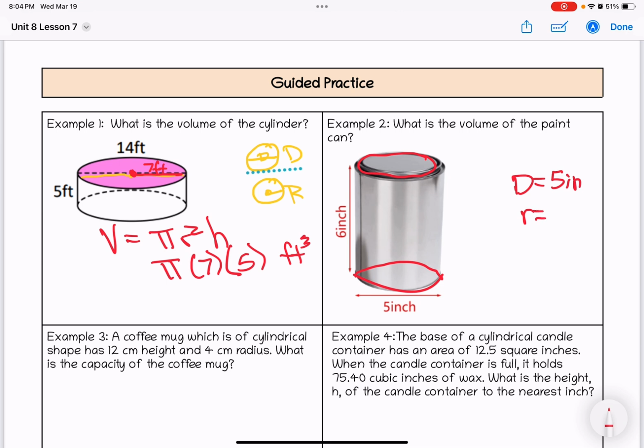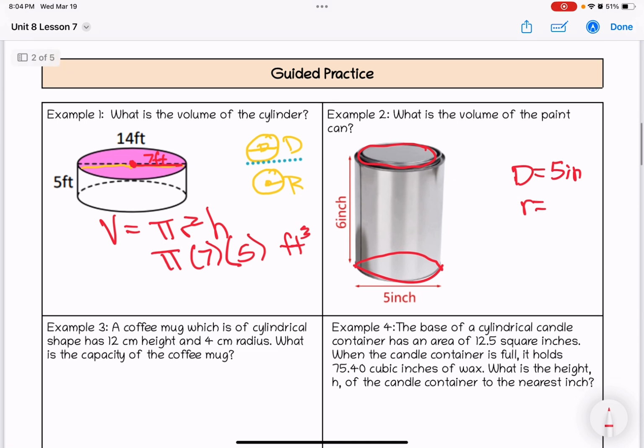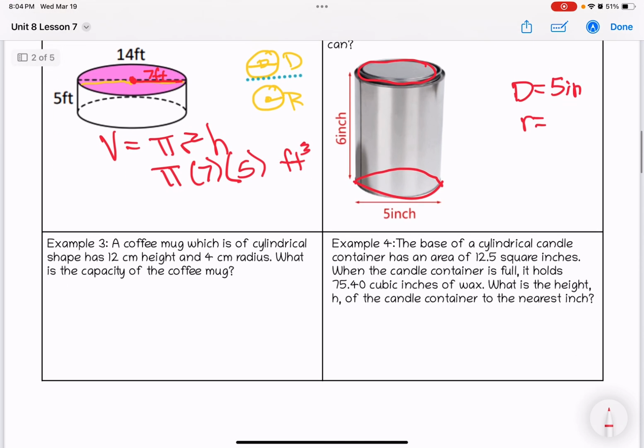So what is my r equal to? All right. And example 3, a coffee mug which is a cylinder shape, has 12 centimeters in height and a 4 centimeter radius. So this one is plug and play. You shouldn't have any problems with that one.